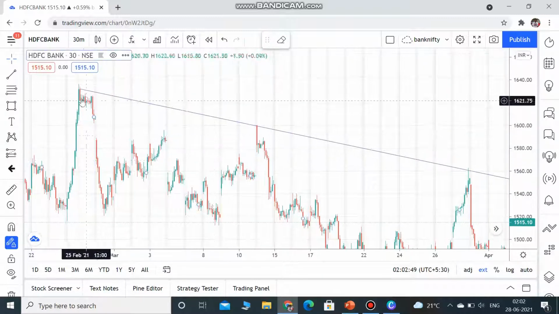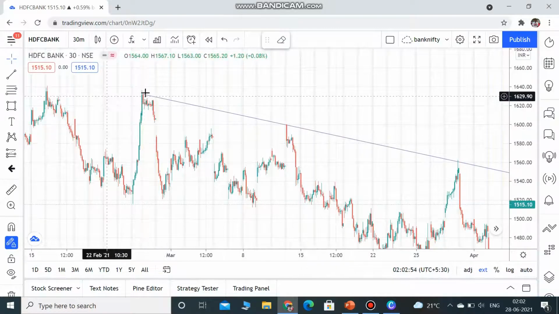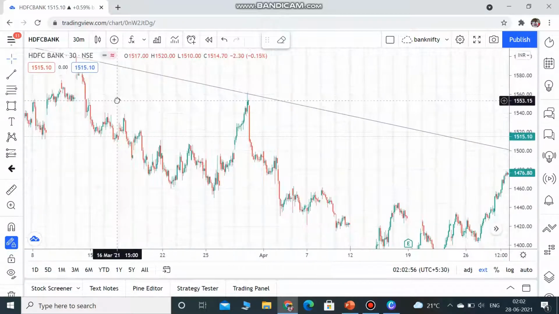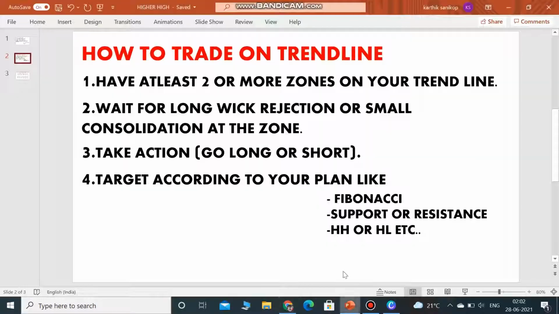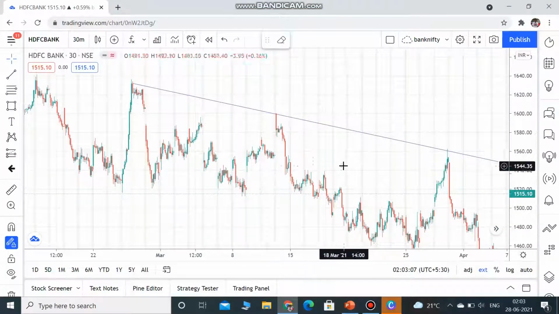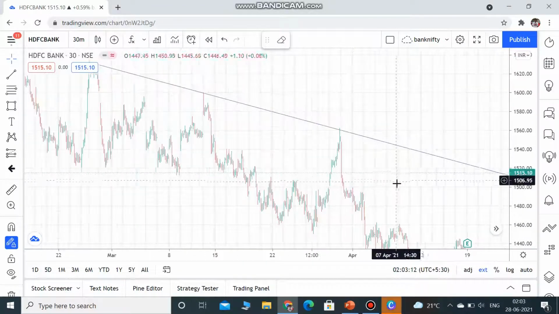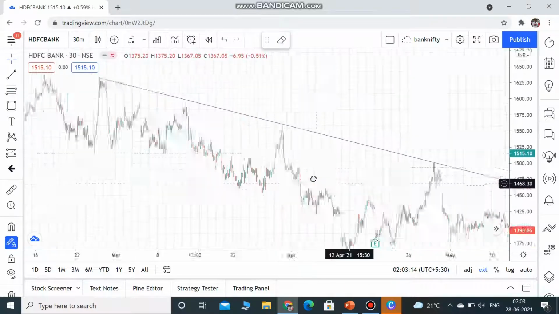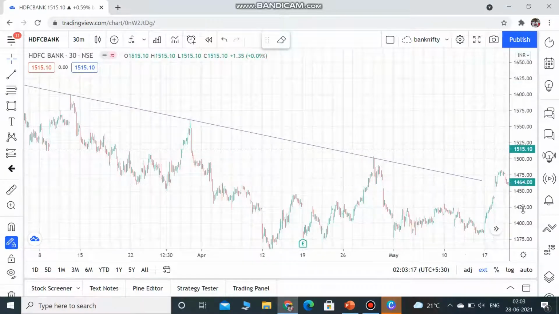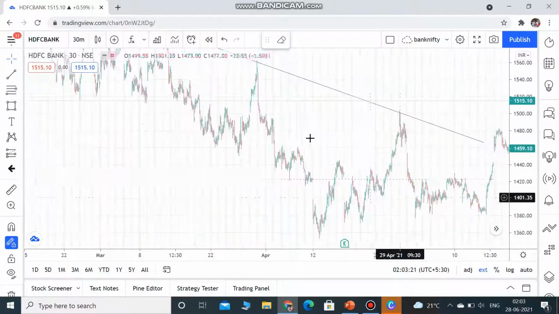Step 1 is considering 2 points, connecting them and then extending the line. Now this is my trend line on my resistance, on my upper side, which I have taken on the highs. So this is a line where I will be shorting.